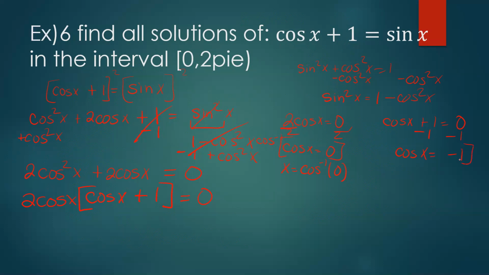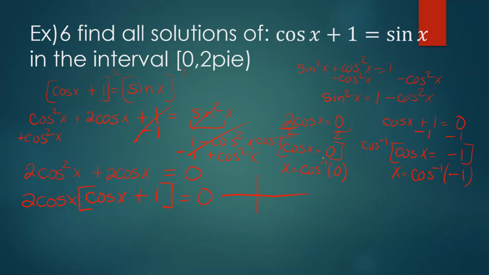And then you could take the cosine inverse of both sides. You get x equals cosine inverse of -1. So you'll need a unit circle. Good news is our boundary is from 0 to 2 pi, so you don't have to do the plus 2 pi k thing. So over here, let's try to figure out x equals cosine inverse of 0.